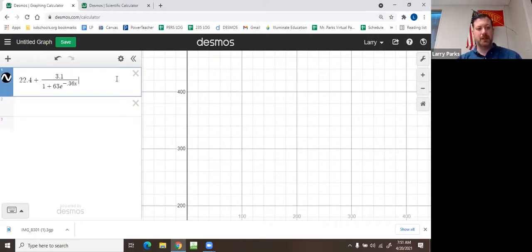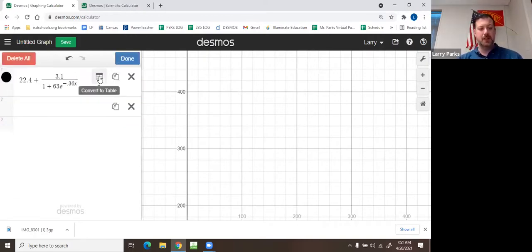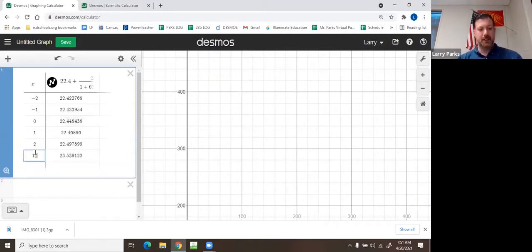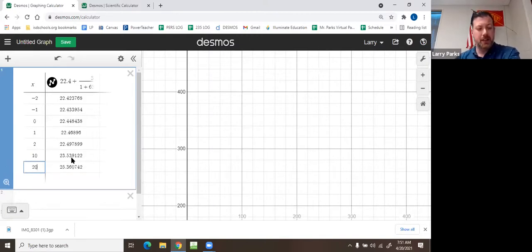Go look at my table. So at 0, it was 22.4. We'll say 22.45. 10 years later, 23.54. 20 years later, 25.36.